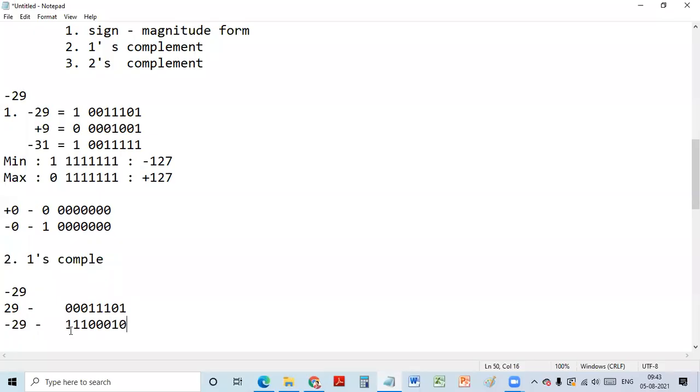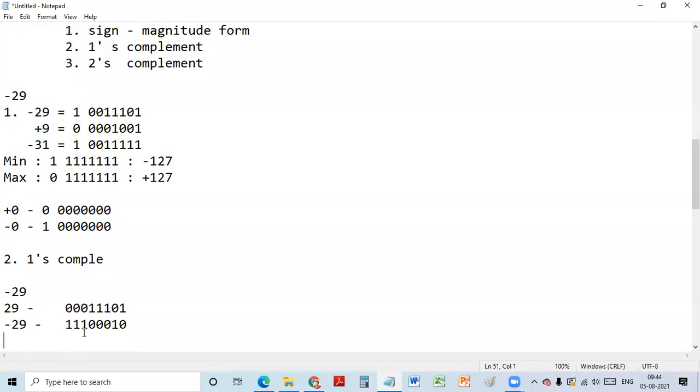Now this is -29 in one's complement method of representing a negative number. To have a negative number, first take its positive number, represent it in magnitude, and then complement it, then I'll be getting the negative number. Am I clear? Yes, ma'am.